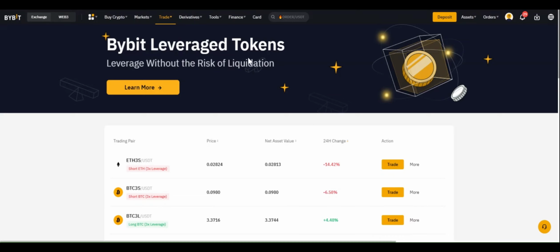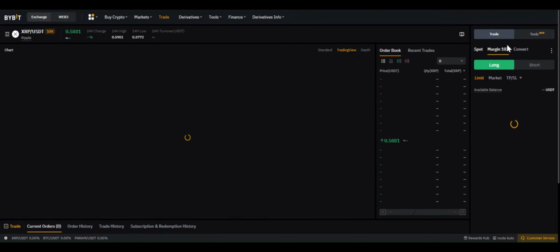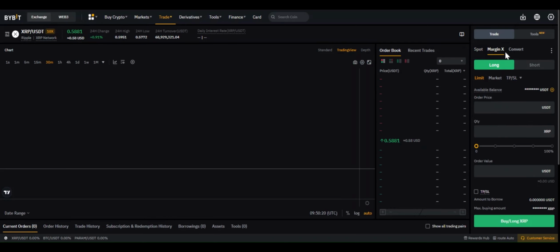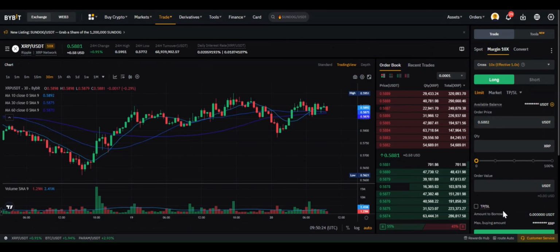Leverage without the risk of liquidation. Okay, yeah, I think it's this margin, right?